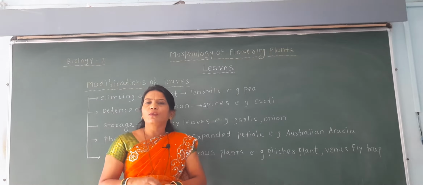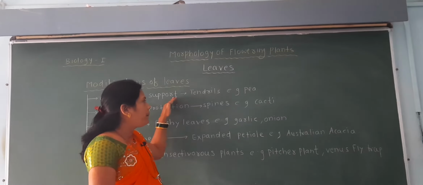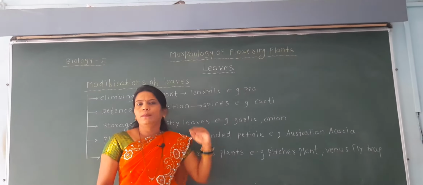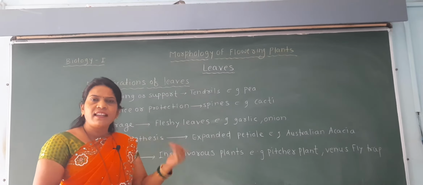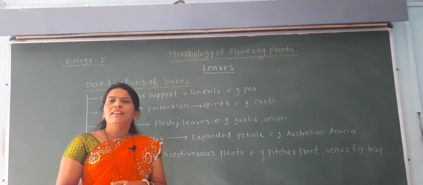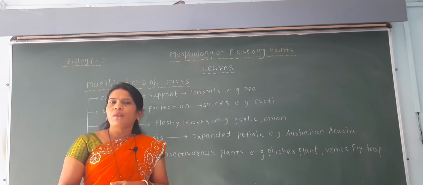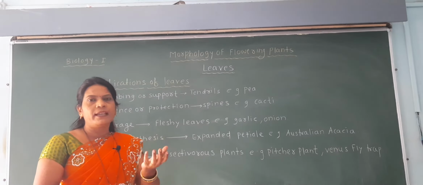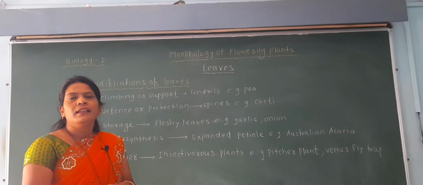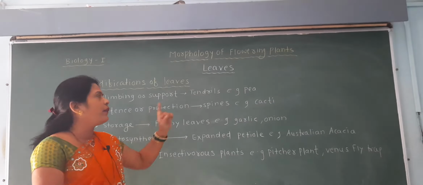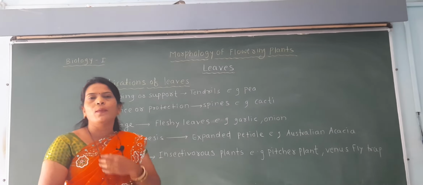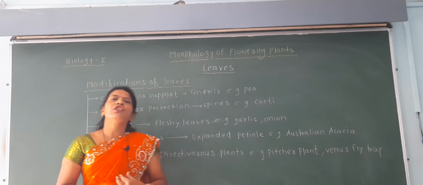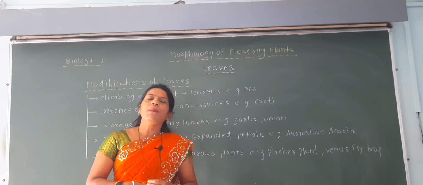We have to focus only on the name and the example of that plant. That means, for example, if the question is asked that the tendril is the modification of leaves found in, and you will be given a number of options, then you have to focus only on one example, that is the pea plant, because in the pea plant you can observe that there is modification of the leaves in the form of tendril.